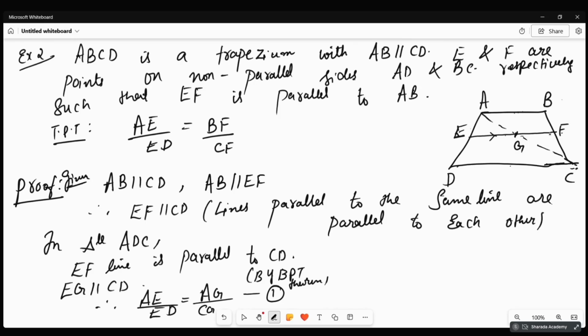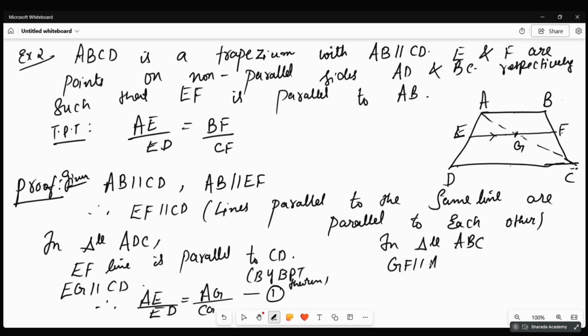Next, in triangle ABC, now I can tell GF is parallel to CD, because already we have written EF parallel to CD. So GF is parallel to CD. Okay. GF parallel to AB, we'll write like that.